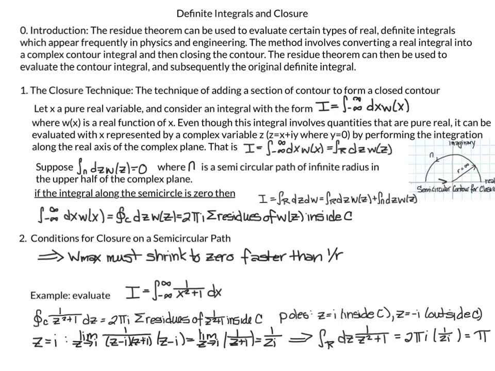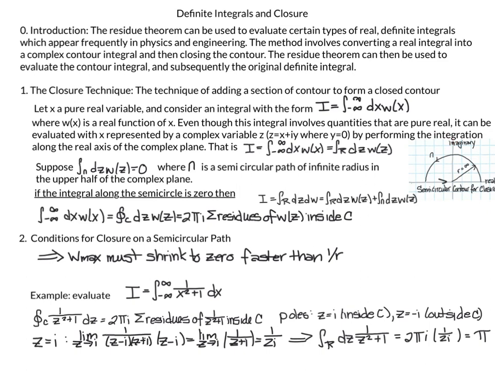So let's say x is a pure real variable and we have an integral of this form, where we're integrating from negative infinity to infinity dx w of x. So we have some function of x, going along the real line from negative infinity to infinity.